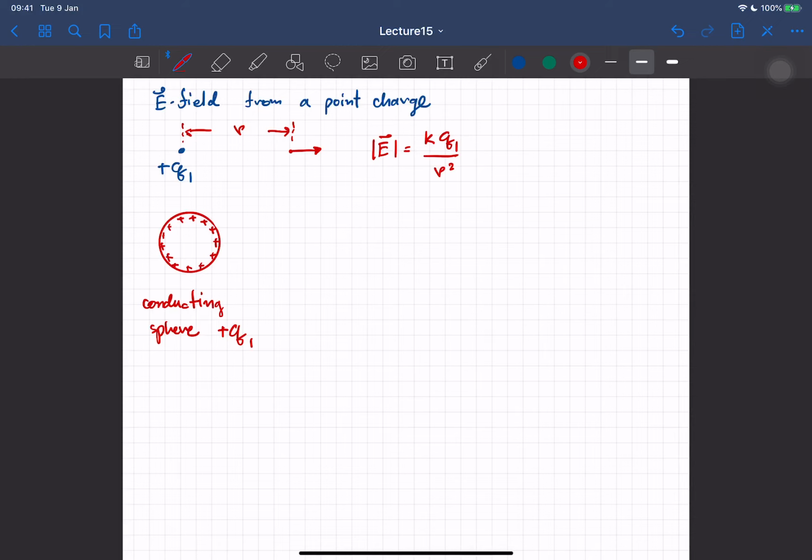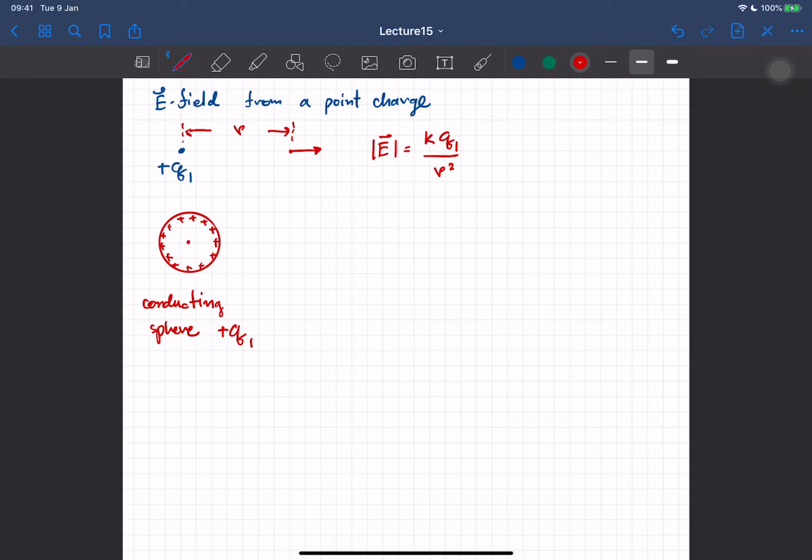So if you count all the positive charge around the surface of the sphere, you get plus Q1. Okay, so that's what I mean by a conducting sphere of plus Q1. The charge is evenly distributed around the surface area of this sphere.